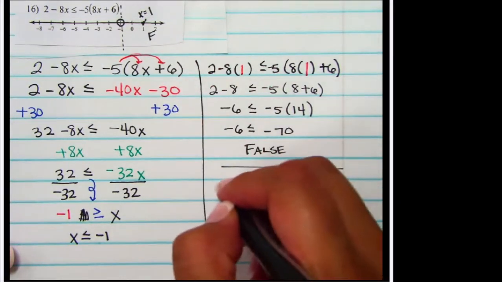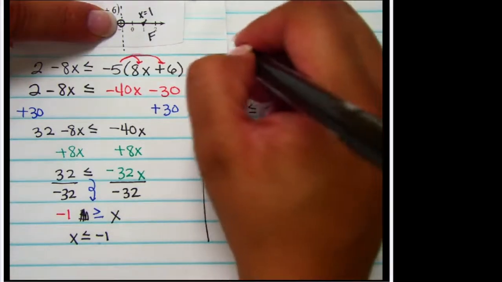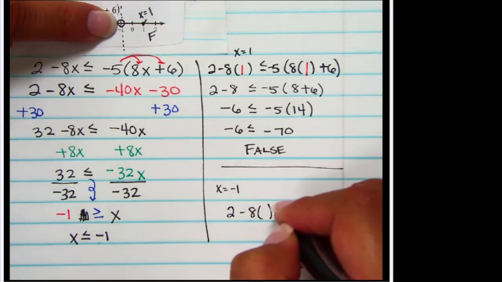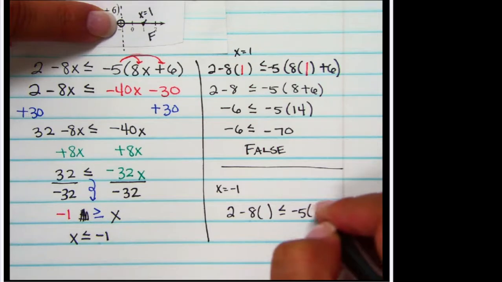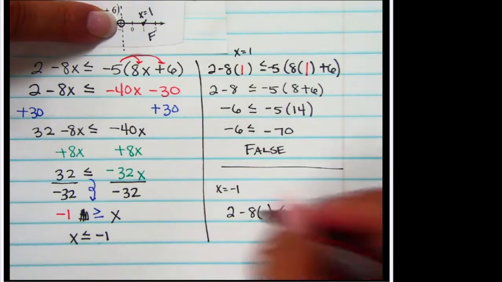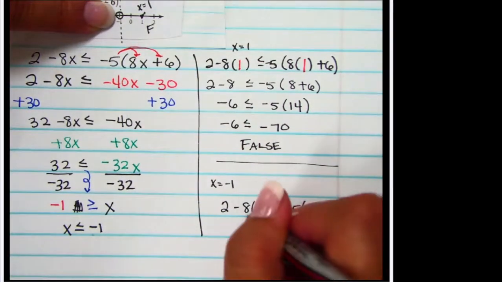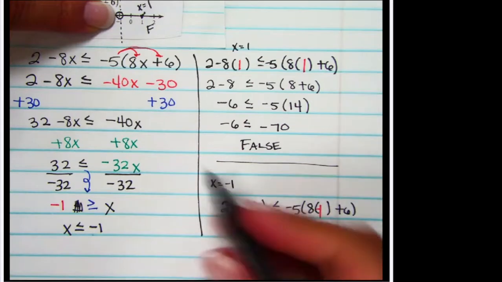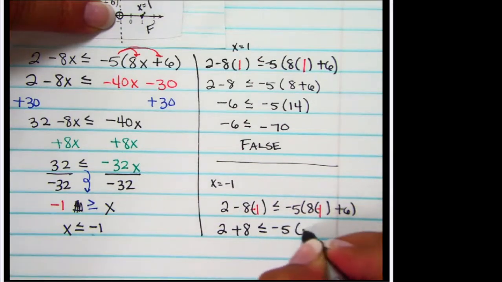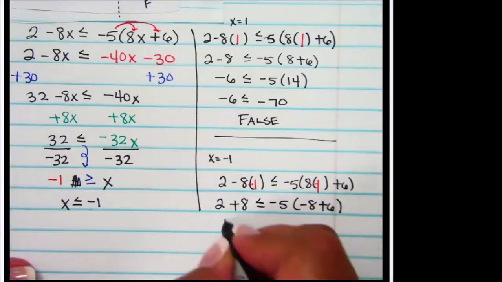I'm going to check now the x equals negative 1 section. So I'm going to take my original equation, and everywhere that I see an x, I'm going to replace that x with a negative 1. And once again, just like with the example above, I'm going to very quickly crunch these numbers so that I can see if my statement is true or not.